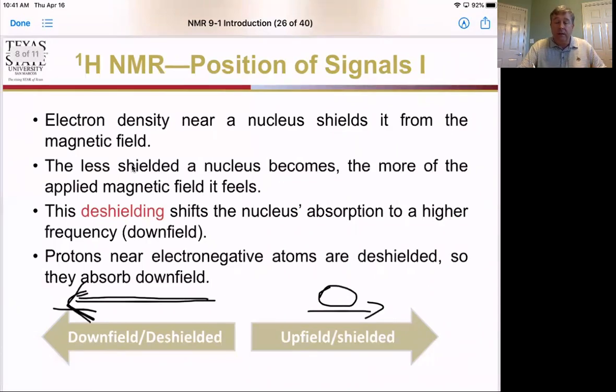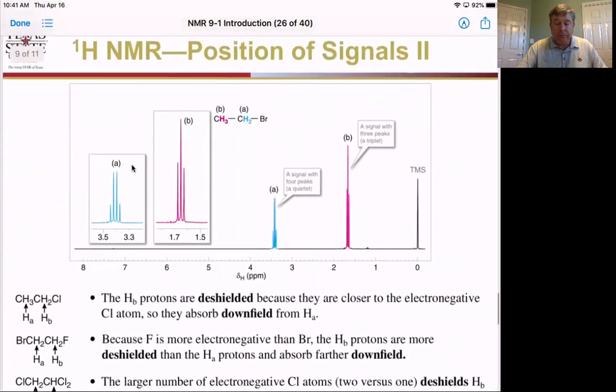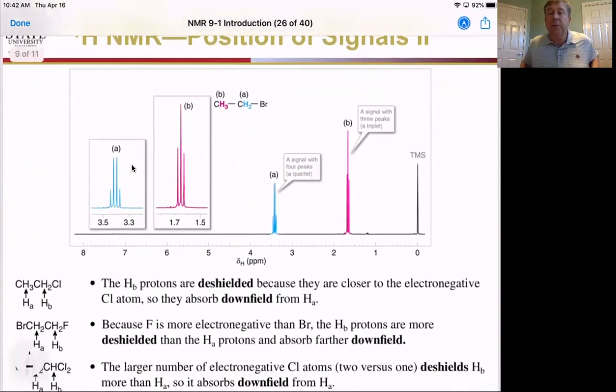Okay, let's take a look and see what that kind of means, okay? So let's just look at this one for our positions here, okay? If we look at this compound here, we have hydrogens that are a total of 2 bonds away from the bromine, and these hydrogens that are 1 bond away from the bromine.